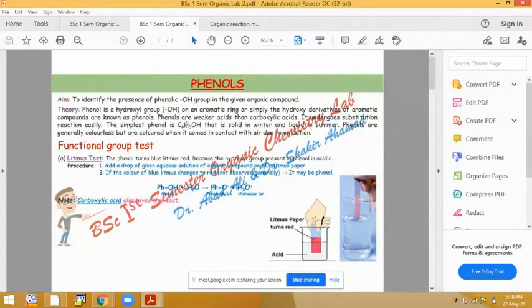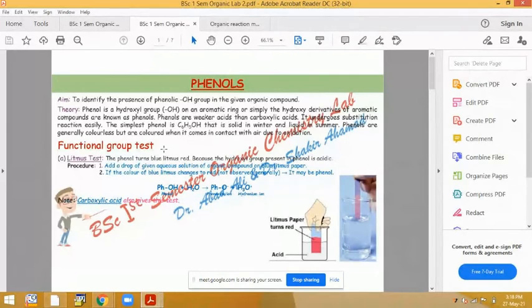That is the first one. Second, phenol is an aromatic compound, but it is soluble in water. Generally, aromatic compounds show a sooty flame. If you do the flame test, it shows a sooty flame, which means the compound is aromatic. Generally, other aromatic compounds are insoluble in water, but phenol is soluble in water due to the presence of the OH group.